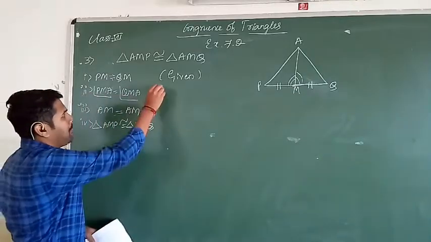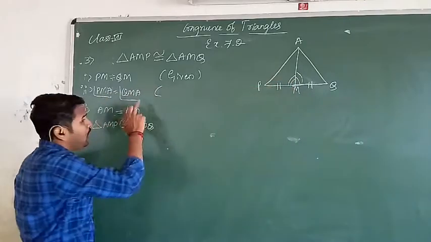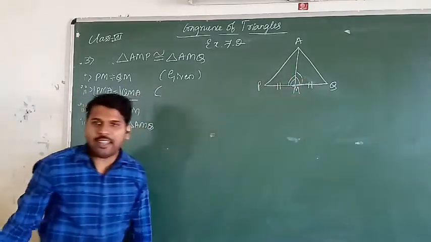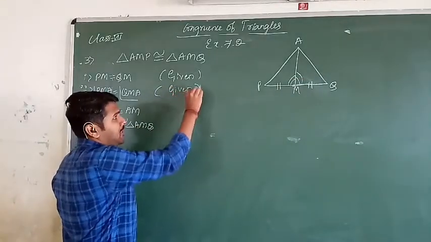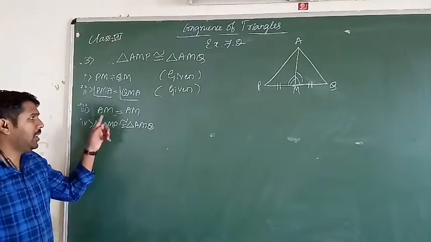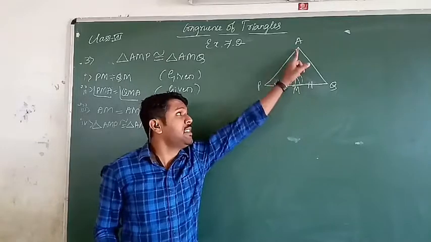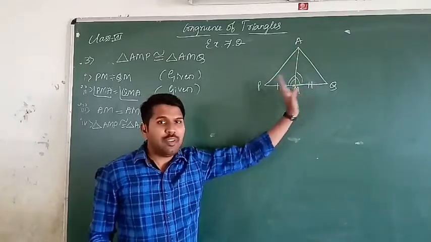And second one, angle PMA and QMA. These two triangles' angles are also given, isn't it? Third one, AM equals AM. Why? Because AM is a common side for both the triangles.